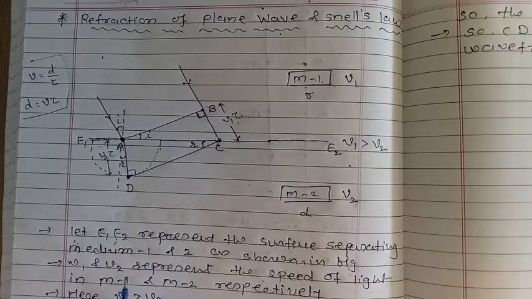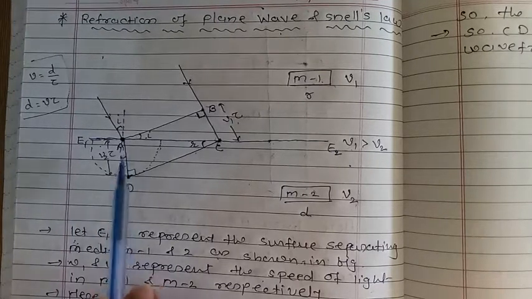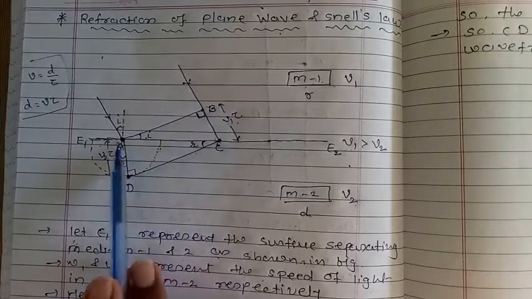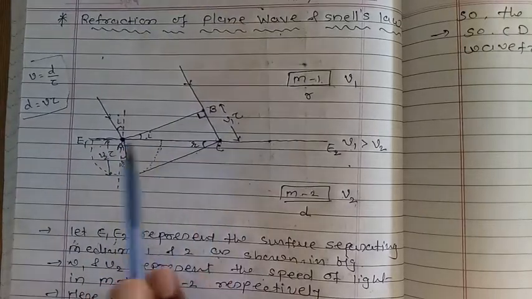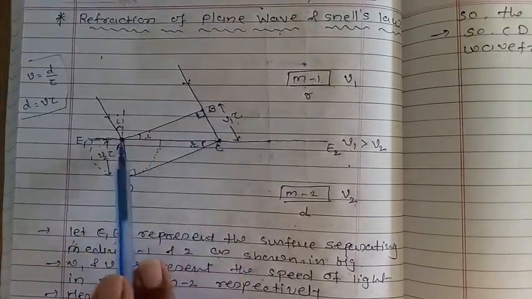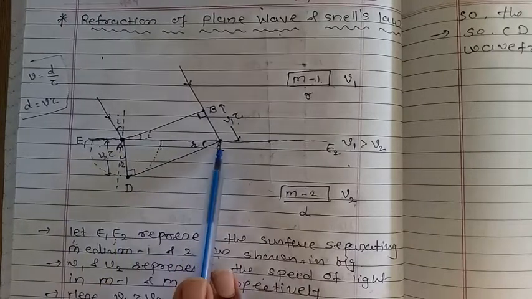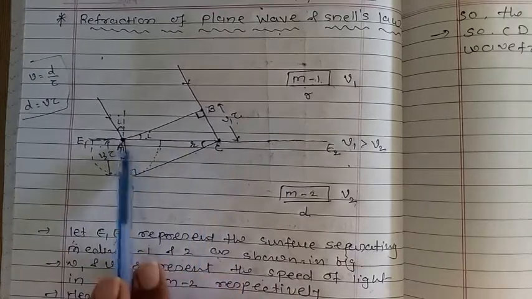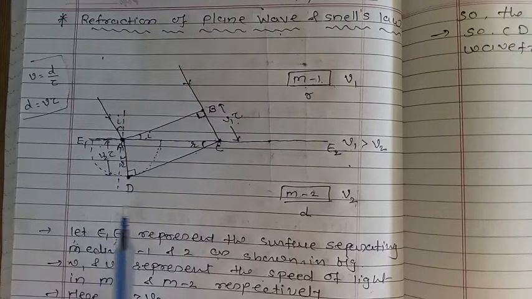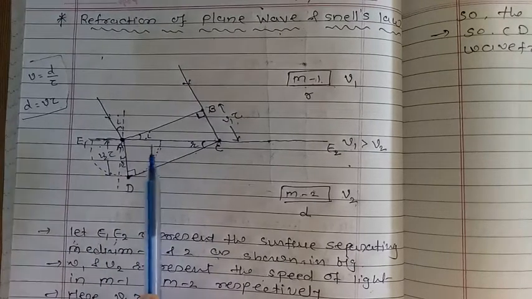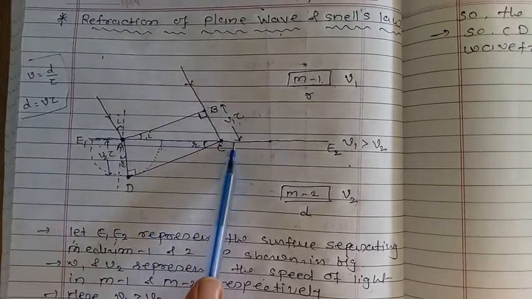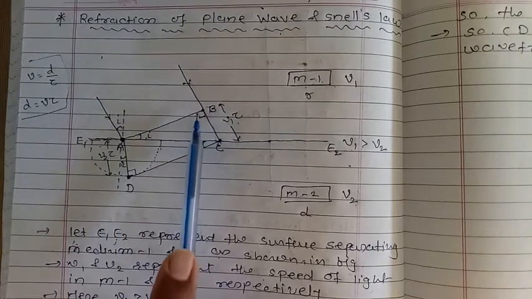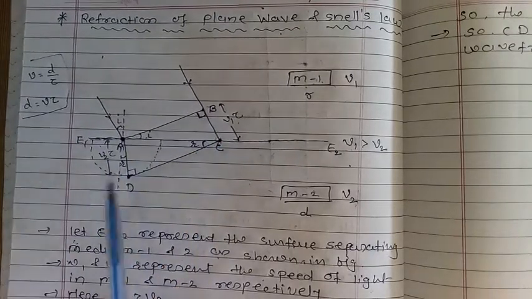Now in both triangles, we know that AC is common, right? You can see that in triangle ABC, AC is the same, and for triangle ADC, AC is the same. So in both triangles, side AC is the same, and we know the values of BC and AD.